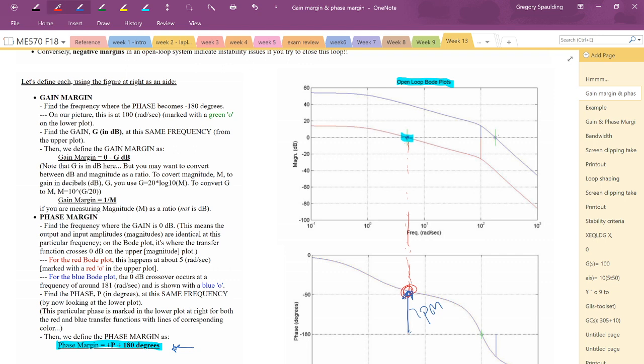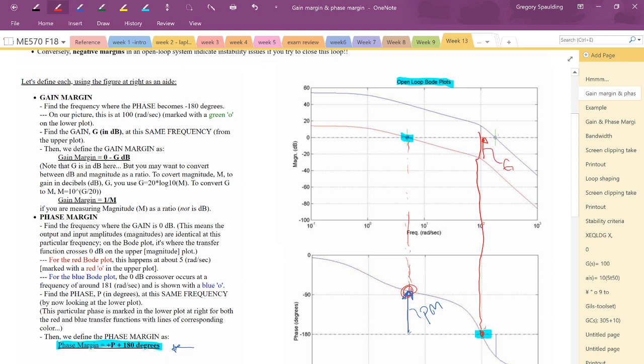So then, let's talk about the gain margin. The gain margin comes from the frequency where we have the crossing of our minus 180. Okay, so we're looking at this point right here, the minus 180, and then we're going to go up in here, and we're going to look at the gain margin as our distance from our magnitude plot to the 0 dB line.